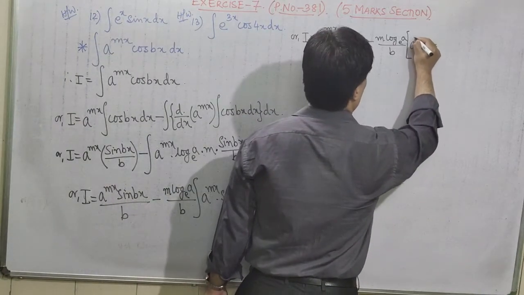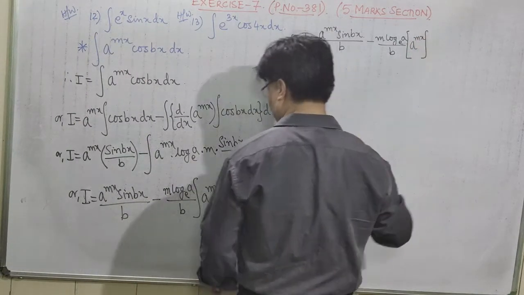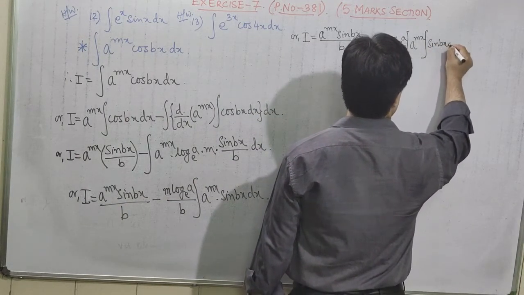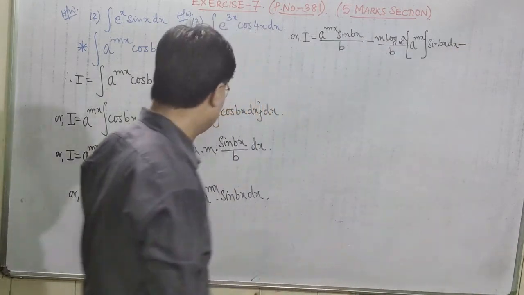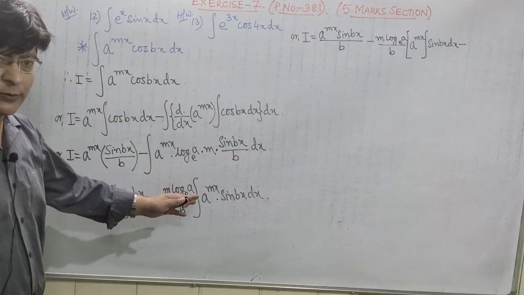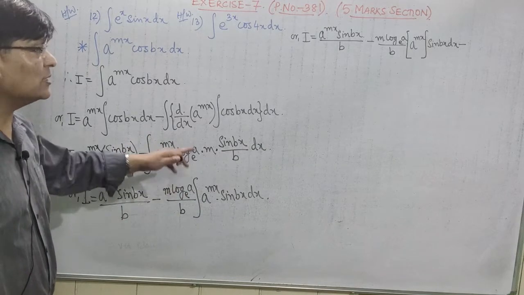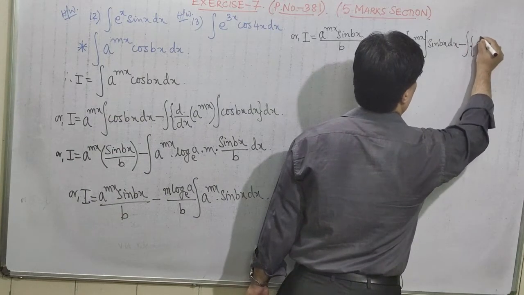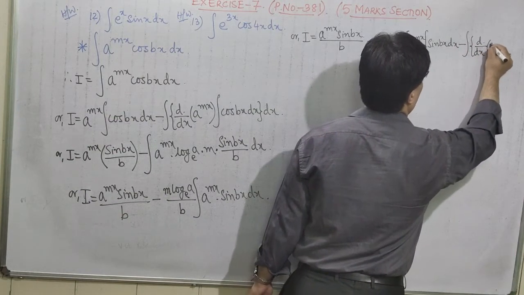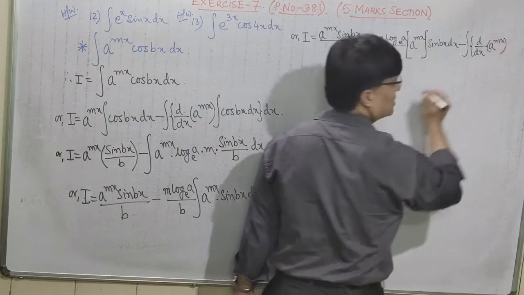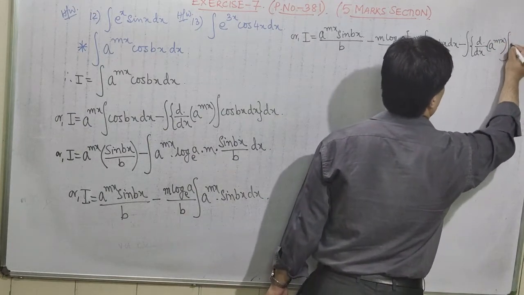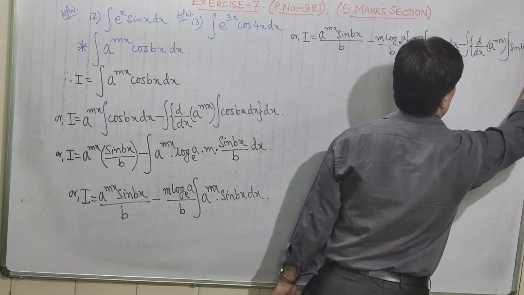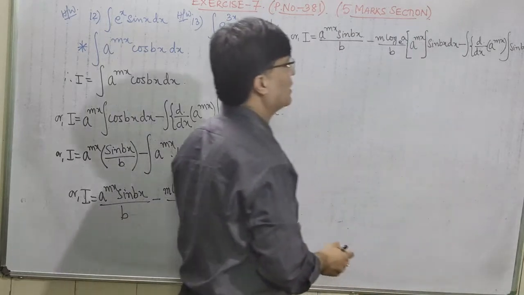So a to the power mx is taken outside, integral sin bx dx, then minus integration of, this is the second bracket, dy/dx of a to the power mx, then integration of sin bx dx, second bracket closed, dx, then the third bracket is closed.